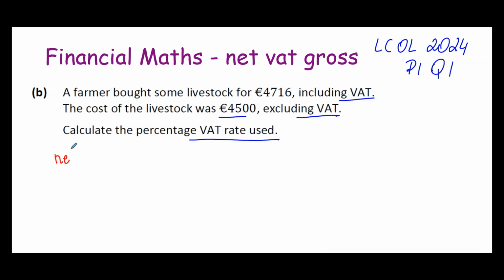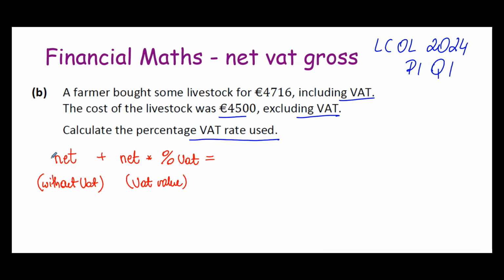Net value is a value without VAT. And VAT is a form of tax. Then to that, we add net value multiplied by the percentage of VAT. That will be the actual VAT value.